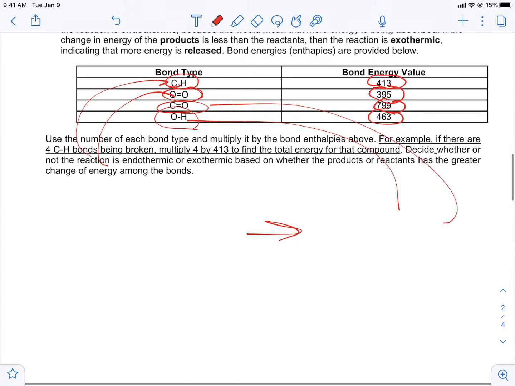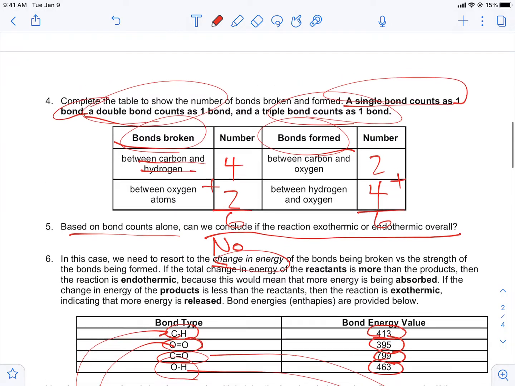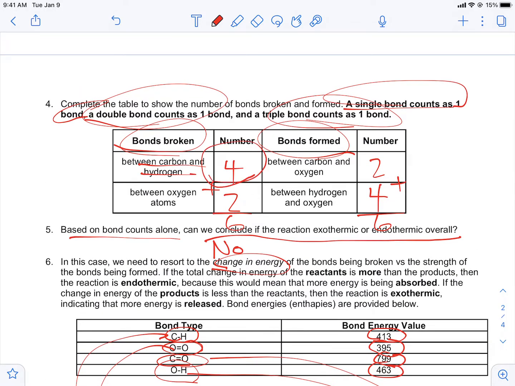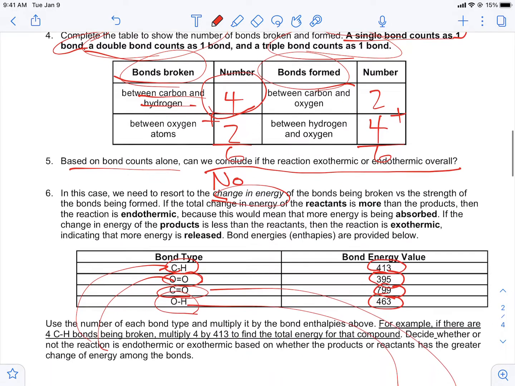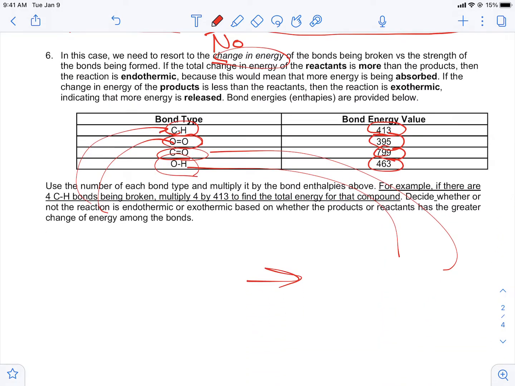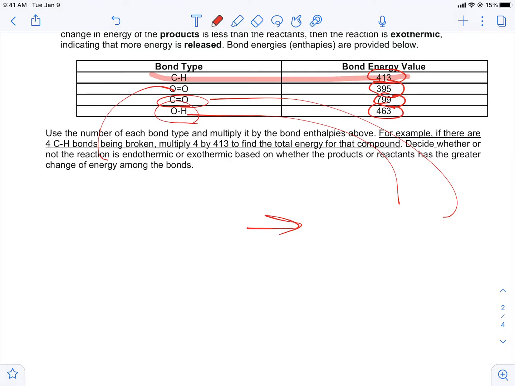So now I'm going to go ahead and get started. I have 4 C to H bonds on the left side. So I need to look at the relative energy for CH. And that is going to be 413. So I say 4 bonds times 413.